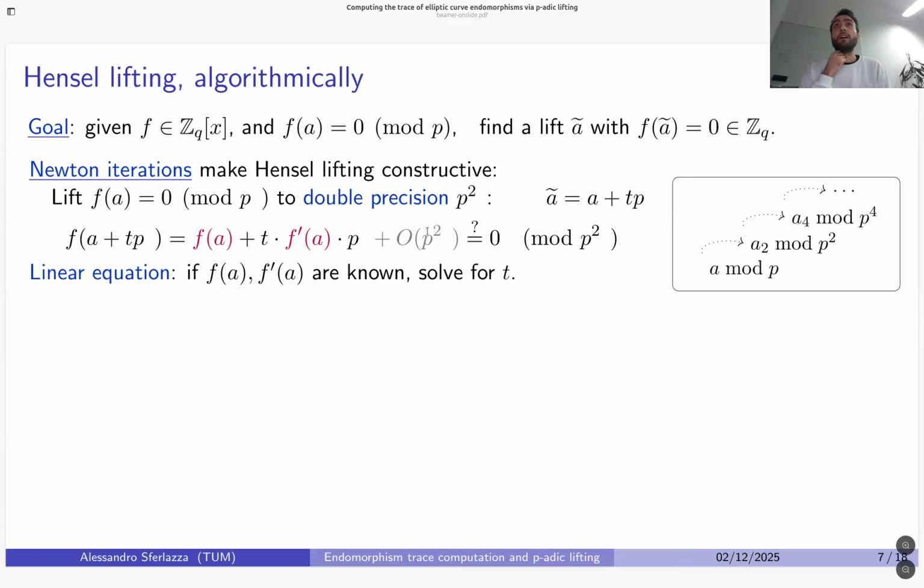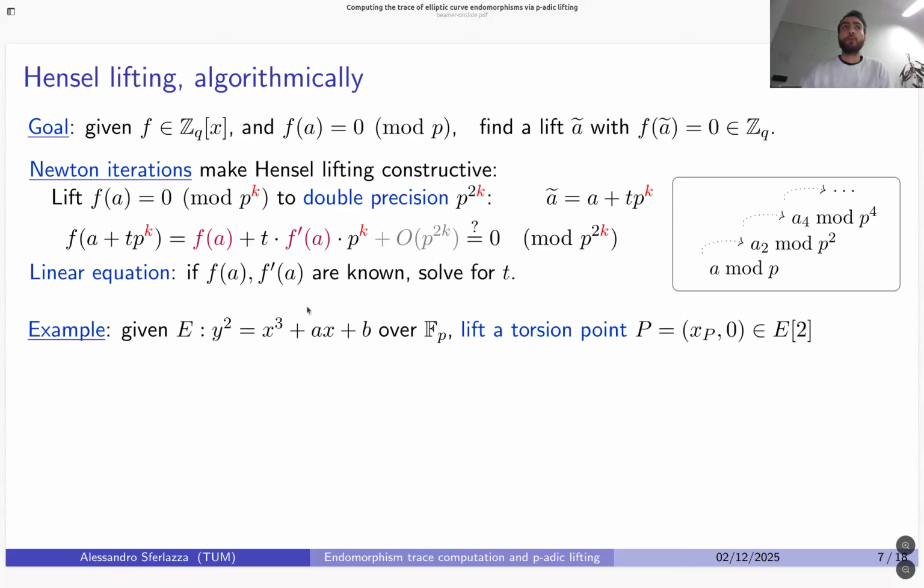As soon as we ignore powers of p squared, because we're considering everything modulo p squared, we basically get a linear equation in this t that we want to retrieve, where the coefficients depend on the evaluation of this polynomial function on a and its derivative modulo p squared. So now from modulo p, we lift to modulo p squared, and then we can keep doubling. Whenever we've got p to the fourth, we get to p to the eighth, and so on.